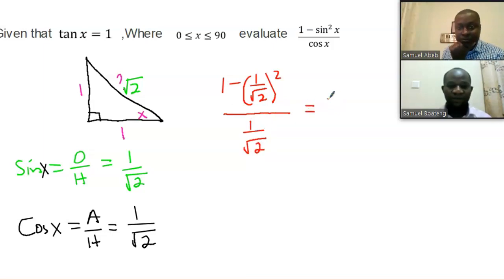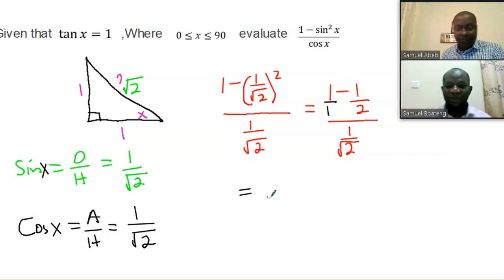This is equal to 1 minus 1 on 2 over 1 over root 2. 1 minus half is half, on 1 over root 2.